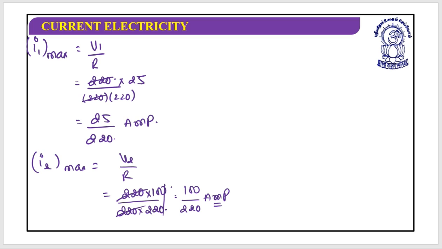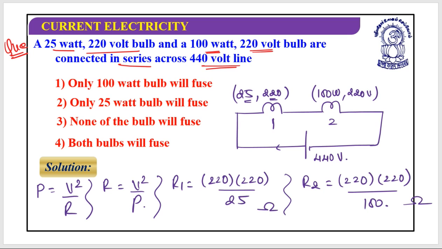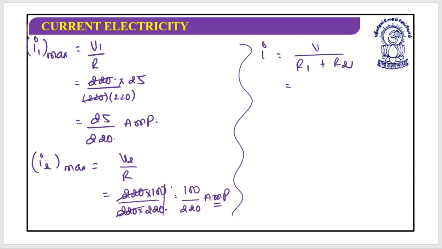This is the maximum current that can pass through each bulb. Now if I calculate the current that passes through the circuit, it can be written as I is equal to V divided by R1 plus R2. This V is the 440 volt, divided by the resistance.